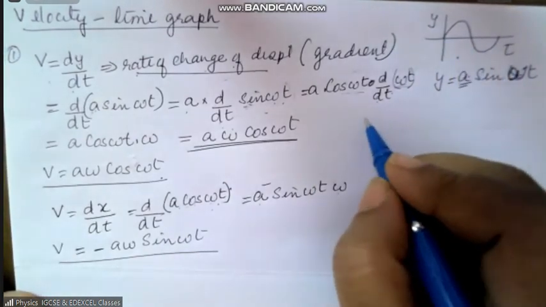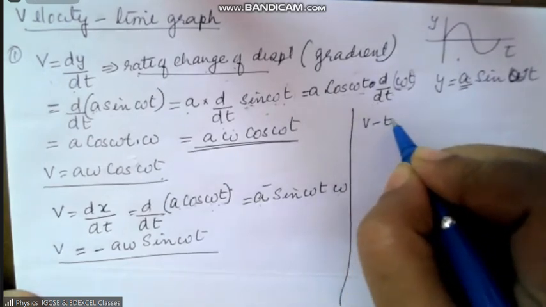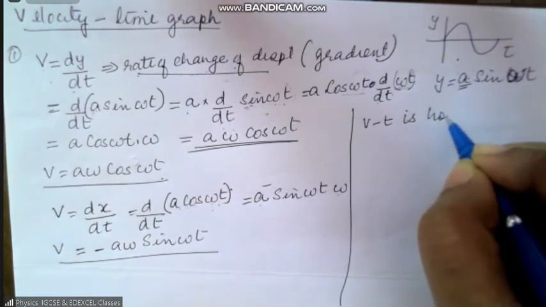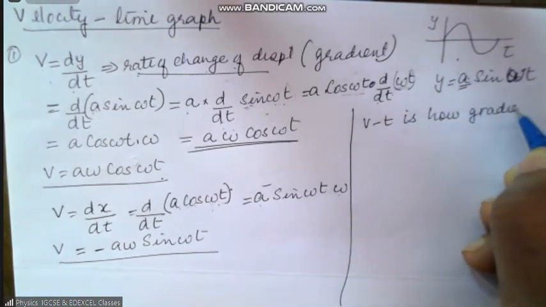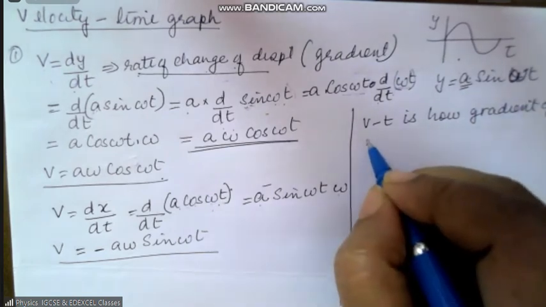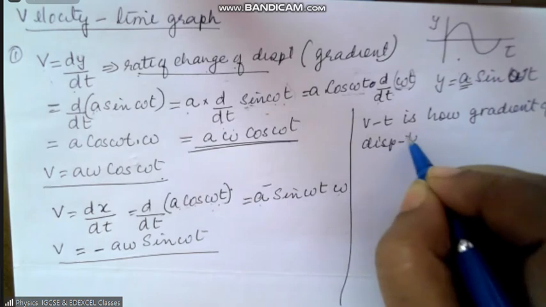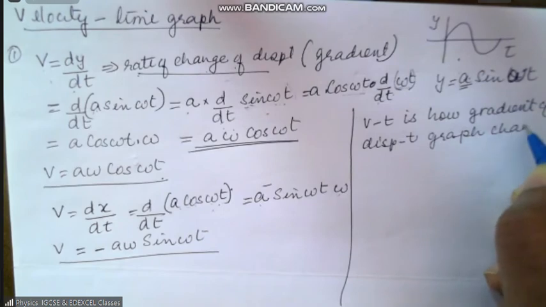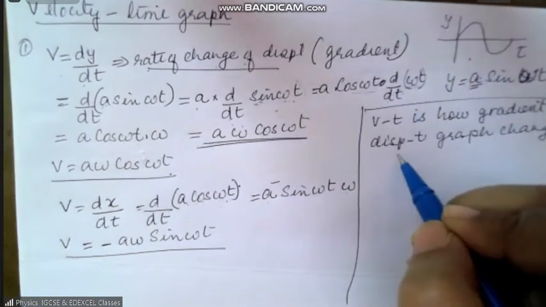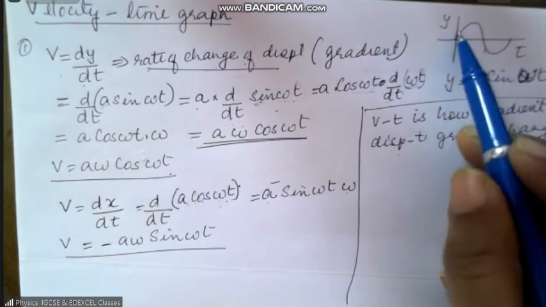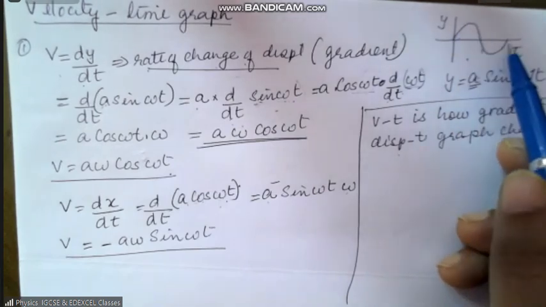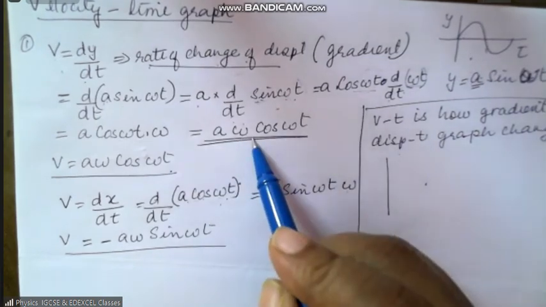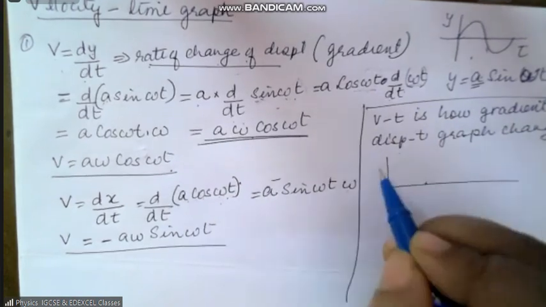The velocity-time graph shows how the gradient of the displacement-time graph changes. So in this one, what you have to do is use this and just show how the gradient changes. That's all. So let's put that over here and see whether that matches this equation. This is the VT graph.